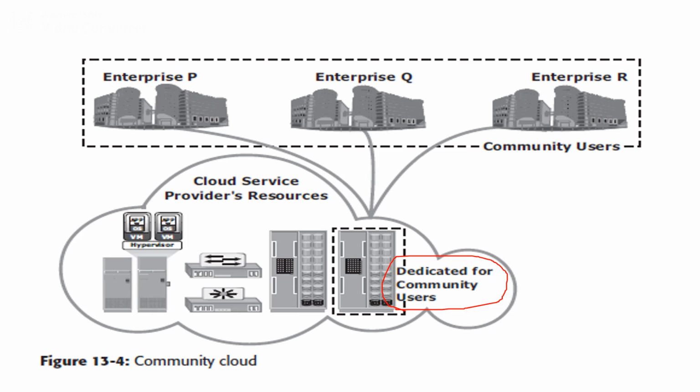The community users may be Enterprise P, Enterprise Q and Enterprise R, and we have the cloud service provider's resources here. The entire cloud platform can be managed by either a third party or the organizations which are members of that respective cloud service. That means the dedicated community users.